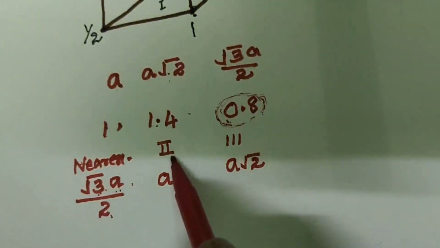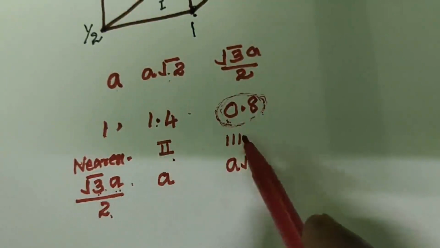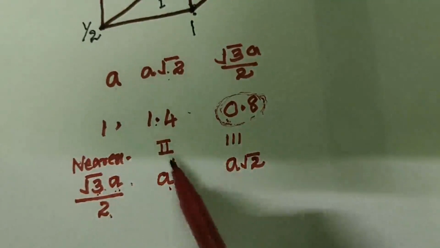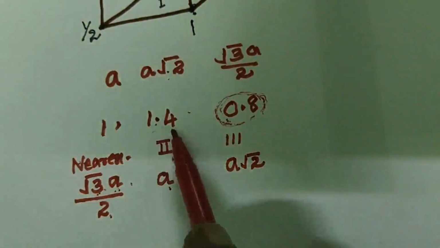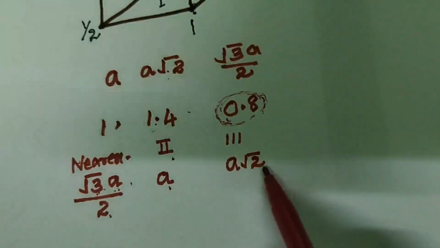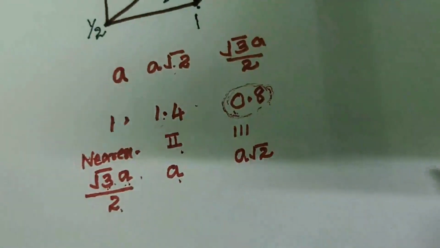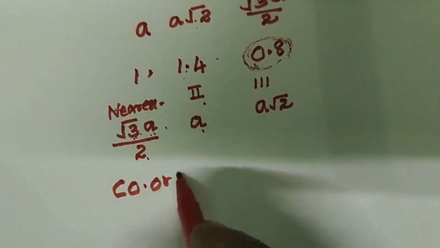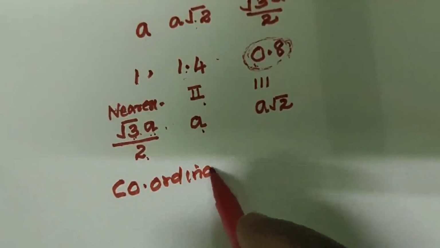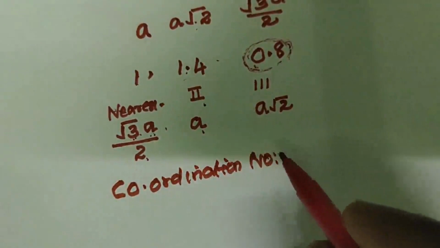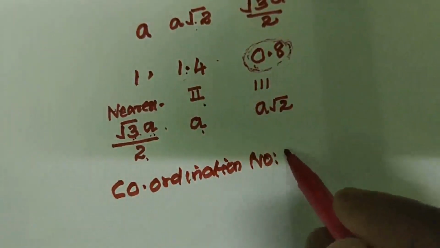Then the second nearest is a, that is 1. Then 1.4, which is much greater, is the third nearest. Then to calculate the coordination number of the nearest particle.